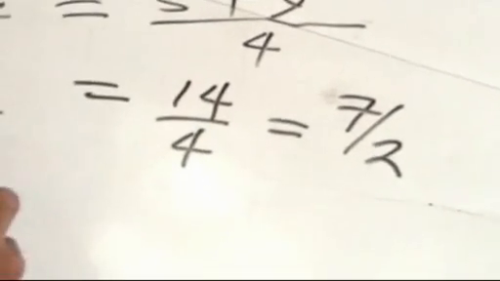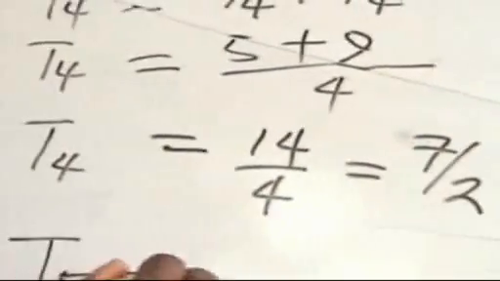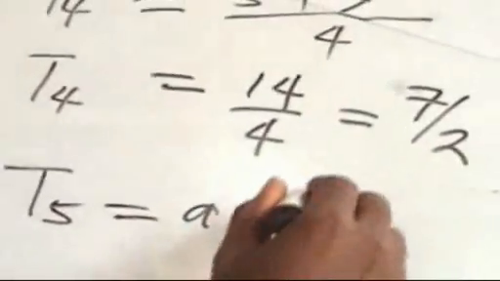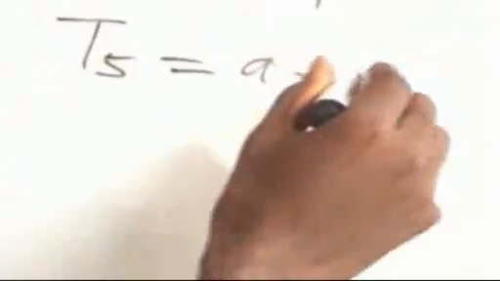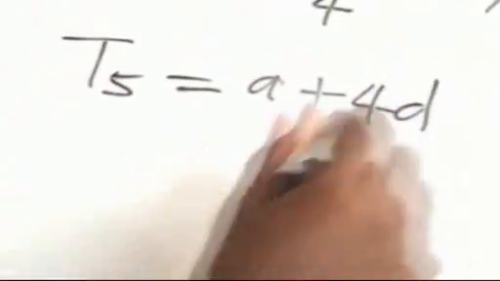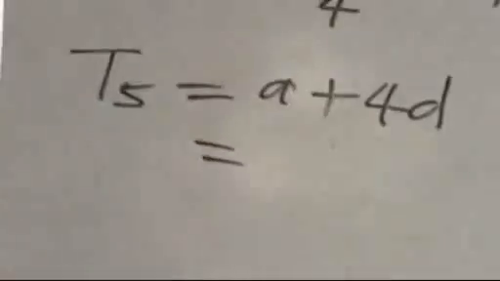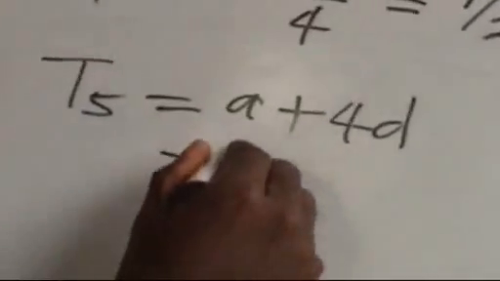Now we'll continue to the fifth one, T5. T5 from this formula will be equal to A plus (n minus 1), that is 5 minus 1, which is 4, times d, so we'll have 4d. T5 is equal to A plus 4d. And we'll have our A to be 5 all over 4.